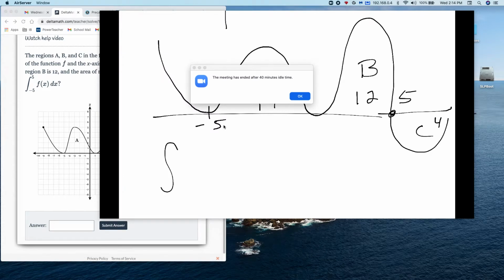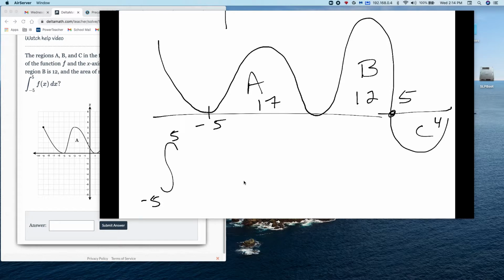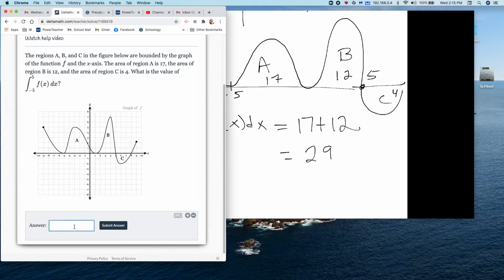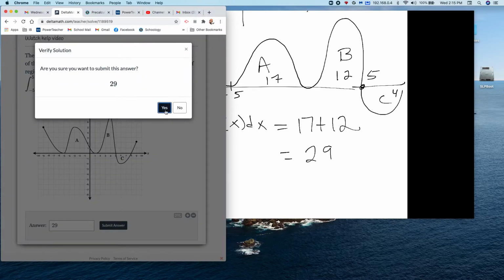When you think about the integral from -5 to 5 of f of x dx, it would equal 17 plus 12. So 17 plus 12, and you get 29. That's the answer to this particular question right here. This is 29. We'll answer that, and I'll show you that that's the right answer.